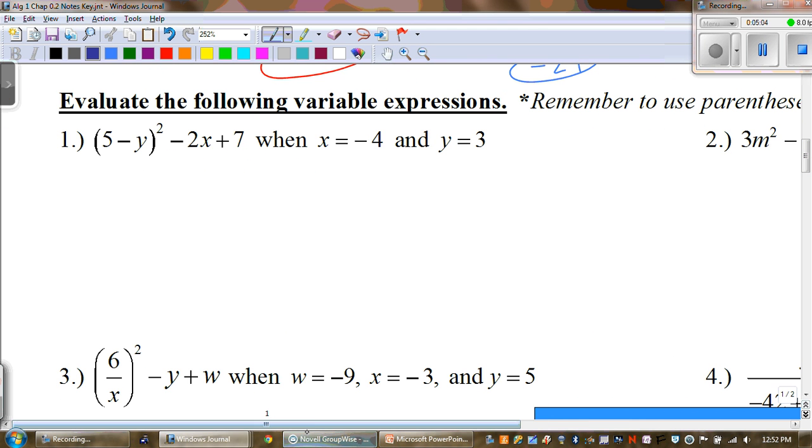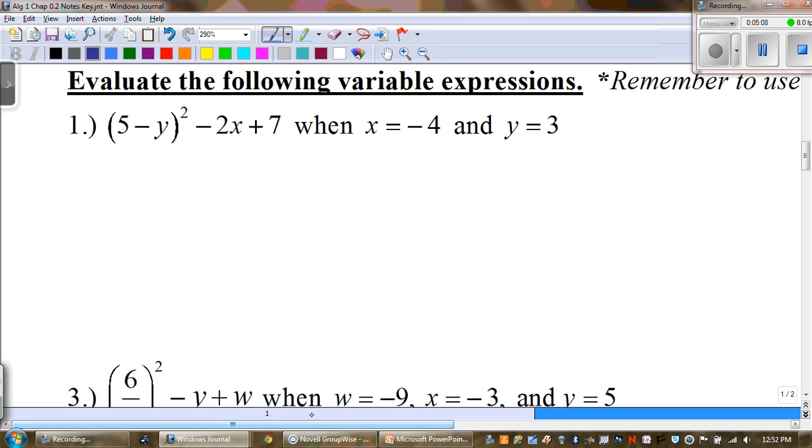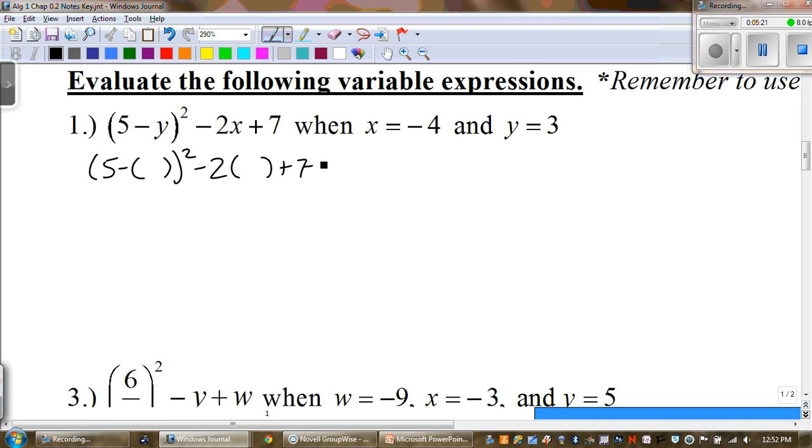So what we're going to do is we're going to go ahead and start plugging these things in. And remember, when you plug in, we're going to use parentheses on everything. So we have 5 minus, we have to plug something in. So y is 3 and x is -4.